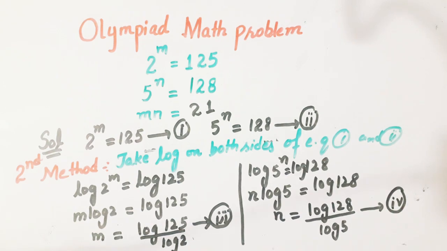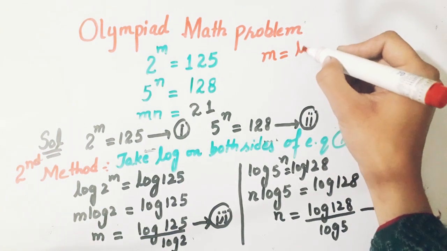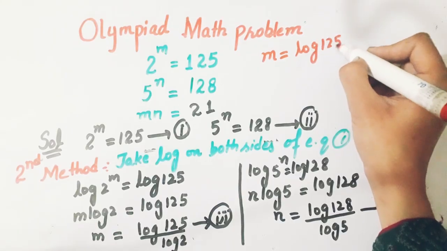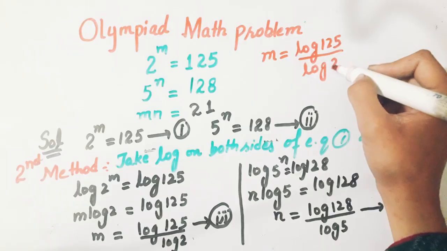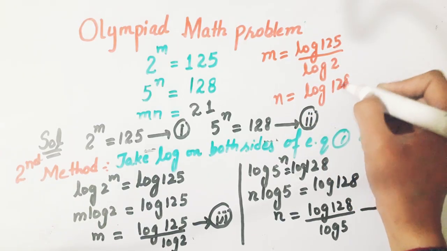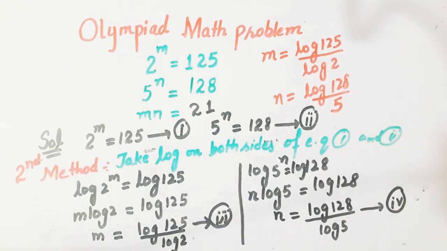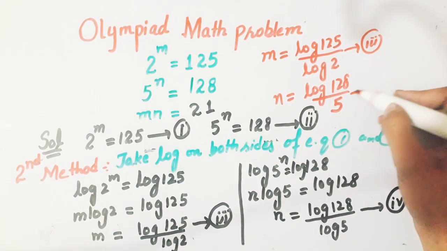Now we will rewrite the values of m and n here. m is log 125 by log 2 and n is log 128 divided by log of 5. This is called equation 3 and this is called equation 4.